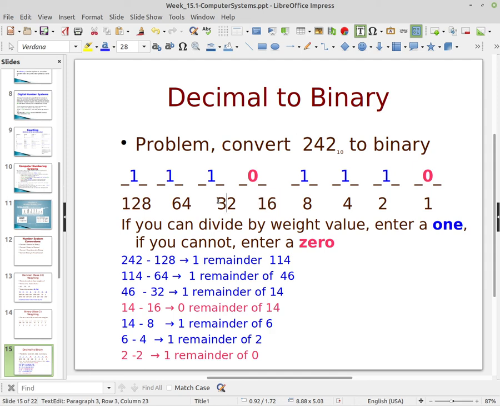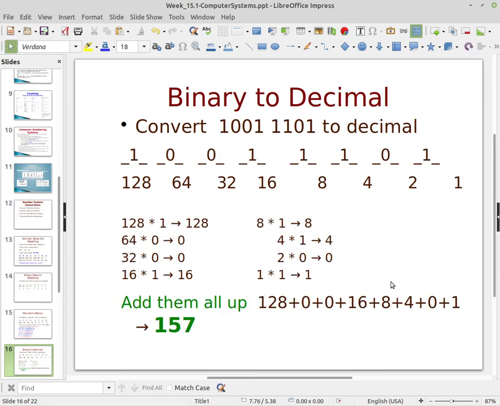2 times 16 gives me the next column of 32. 2 times 32 gives me 64. 2 times 64 gives me 128. 2 times 128 would give me 256. 512, 1024, 2048, and so on. Okay, so you just keep multiplying as you need to.